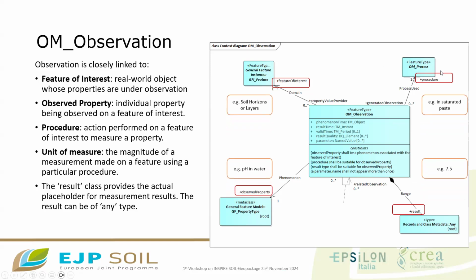Here are some examples. The feature of interest can be a soil horizon. The procedure can be, for example, in saturated paste, and the property can be the pH, and the result in this case, for example, is a number, 7.5.